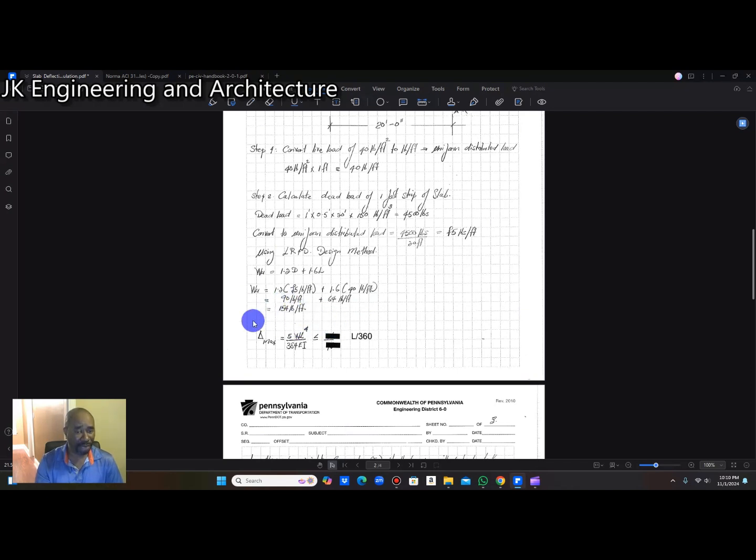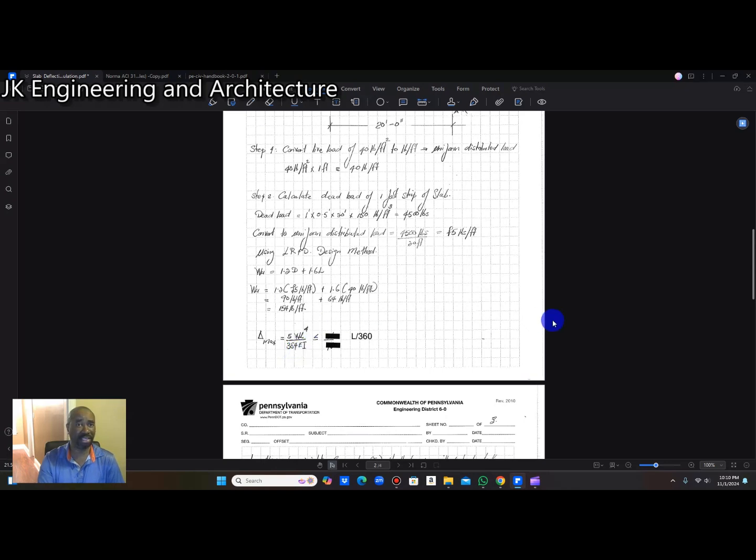Now our maximum deflection is going to equal 5wL to the fourth over 384EI, and that must be less than or equal to the length divided by 360 for this slab to be safe under code. Let me show you where I get this 5wL to the fourth over 384EI.